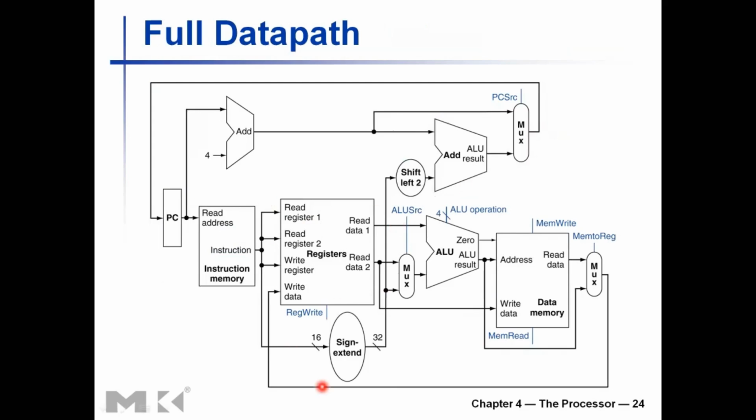So the control unit is still not shown here, right? There are a certain set of control signals that you need to generate based on the decoded instruction and send to the register file, multiplexer select signals, ALU operation, memory reads and writes, all those things. So that is the full data path.